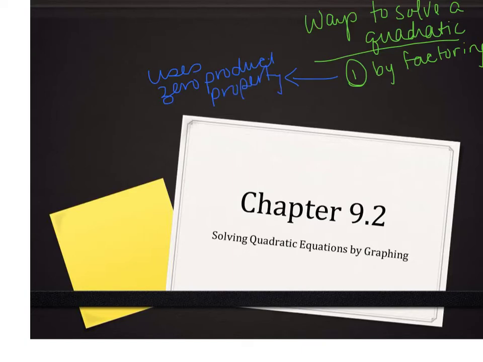Way number 2 that you know is using the square root property, which you know about from the end of Chapter 8. In 9.2 we're going to learn way number 3, and that is by graphing.